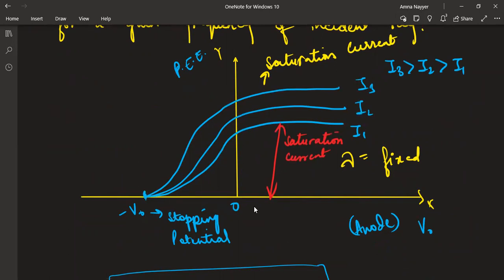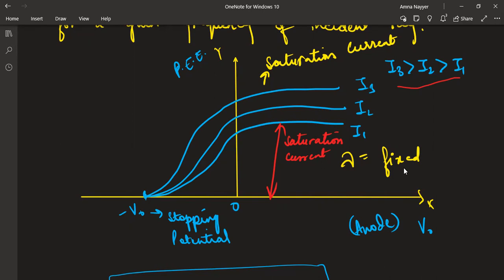And here, a question can be asked regarding the intensities I3, I2, I1. See here, when the potential is increased gradually, you will see the current is also increasing. But a point is reached where no more current increases.